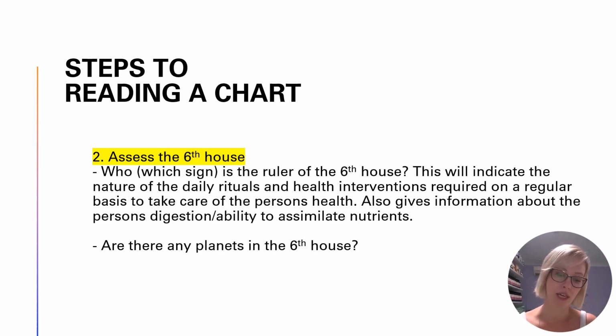It might be ensuring they have adequate iron so that they don't have anemia or anything. These are all very Aquarian in nature. It might be making sure that they have good lymphatic drainage so that their lower legs don't swell or anything like that. That's all Aquarian. So that's an example if you had Aquarius on the 6th house.